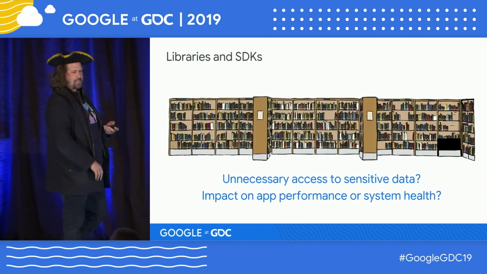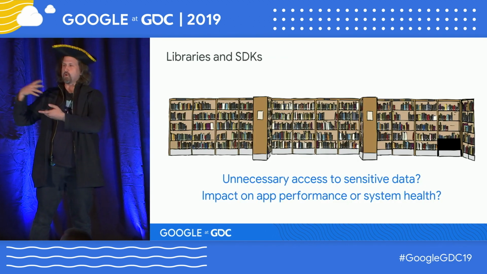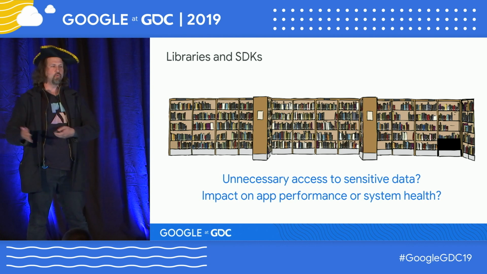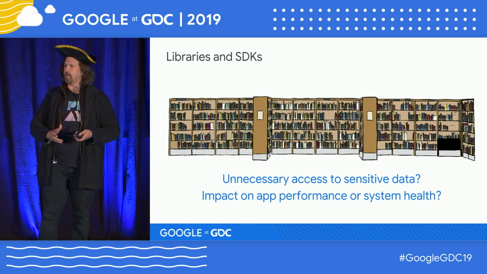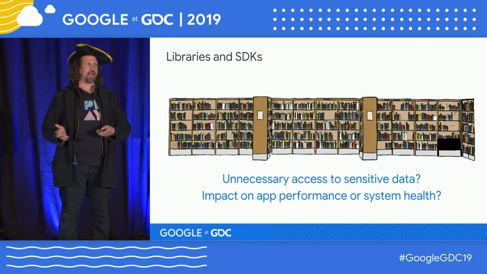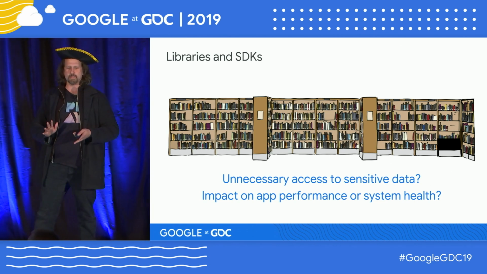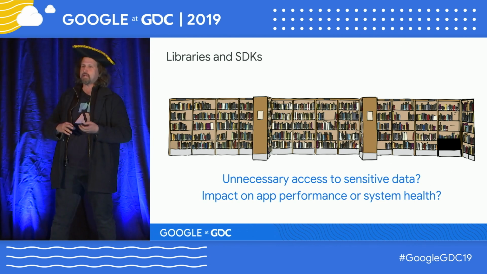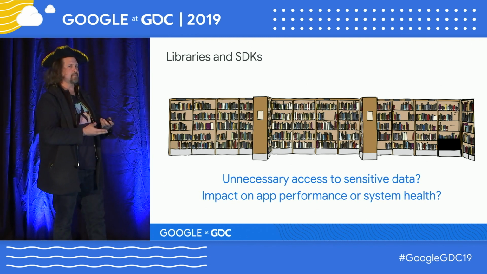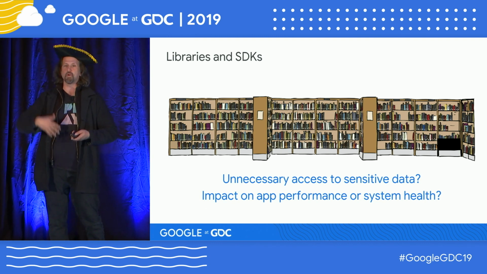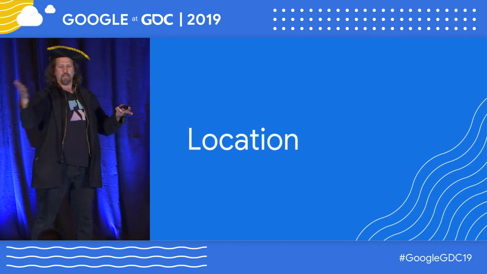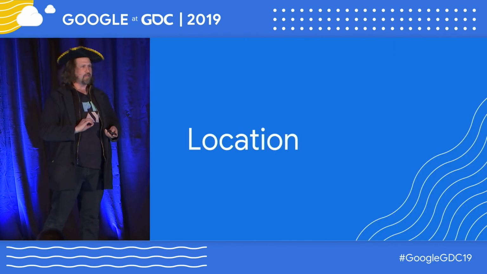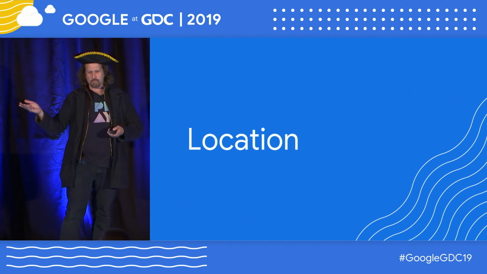An example of this is, when you're looking at a library or SDK, you really need to be asking yourself a bunch of questions. One is, does this library or SDK actually want unnecessary access to sensitive data? And the second thing is, what impact does it have on the app performance, or even worse, on system health in general?